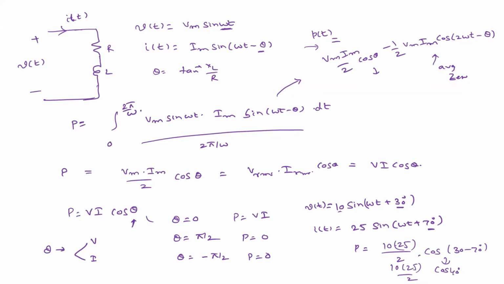So this theta is the angular difference between the voltage phasor and the current phasor. We have to make sure that the reference is the same: if this is sine, this must be sine.